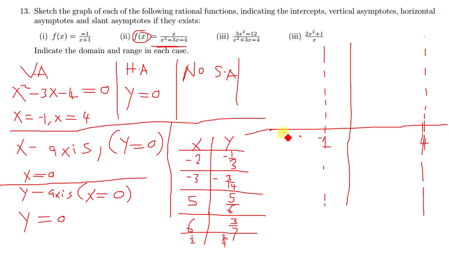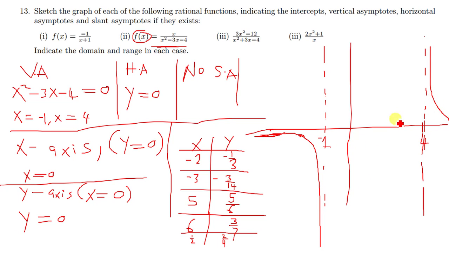So meaning my curve will be drawing near to the horizontal asymptote there, and then pass through that point and then go like that closer to the vertical asymptote. So this is how my curve is going to come out. And this side also, when you plot them, you discover that it's going to be like that.